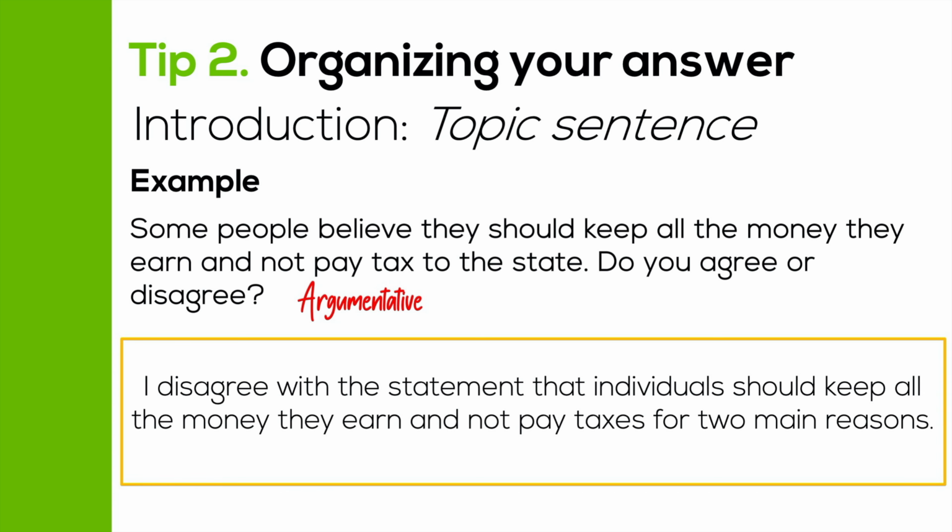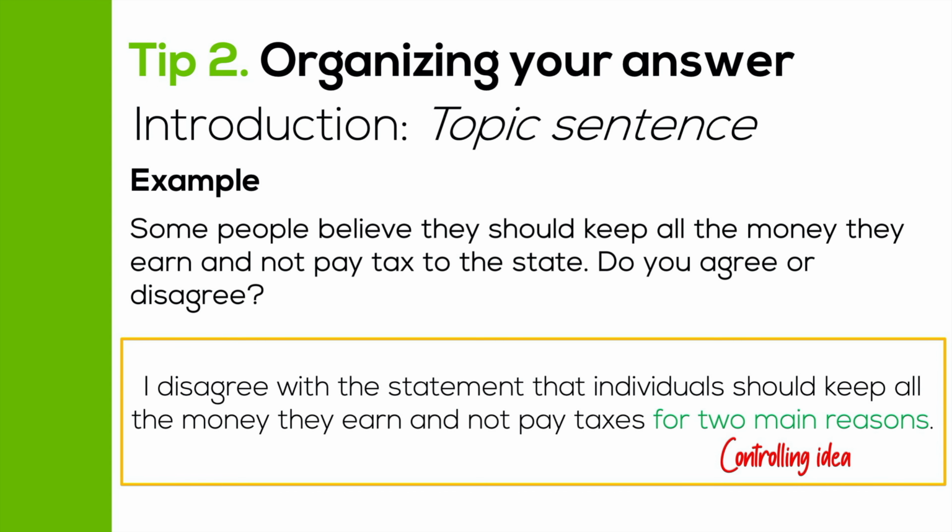Secondly, I gave my opinion right from the start, so it's very clear what I think. And thirdly, I included a controlling idea. The controlling idea part is for two main reasons. So why is this a controlling idea? Simply, the reader now expects that I will discuss two reasons to support my topic sentence.